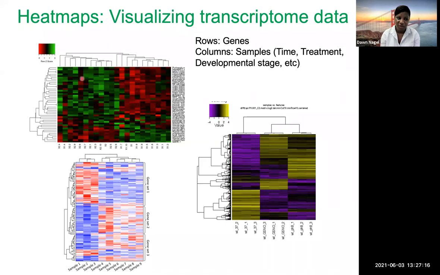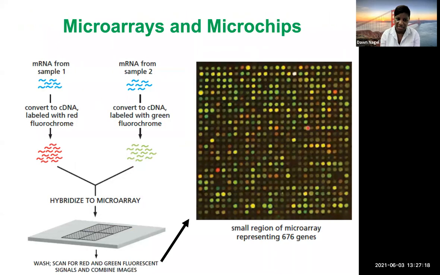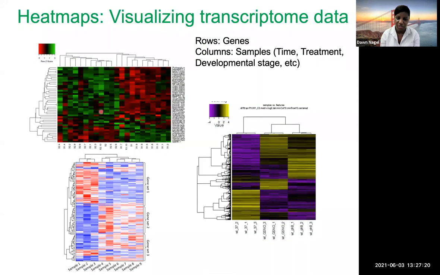In order to get from this level to this level requires a lot of computational matrices and statistical analysis that takes into account a lot of information provided in this sample. So it takes into account things like, is there a background signal that's skewing your real signal?